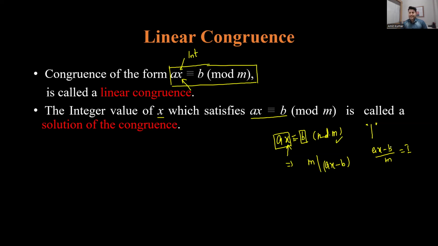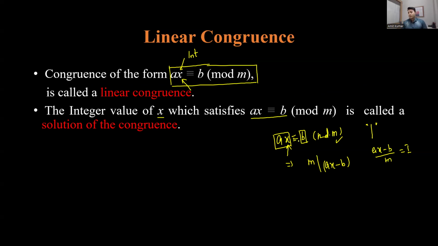This is how we understand a linear congruence and its solution. Do remember, we are only concentrating on integer solutions. So this x can't be a number which is not an integer. Our domain for the solution is only the integer values.